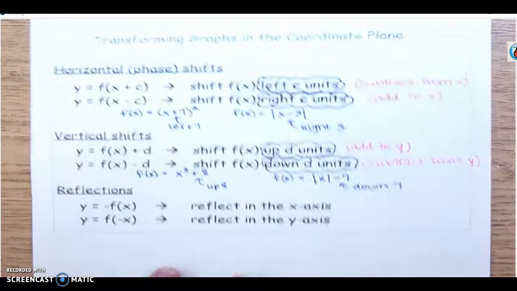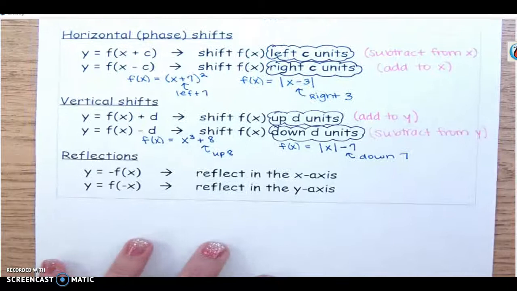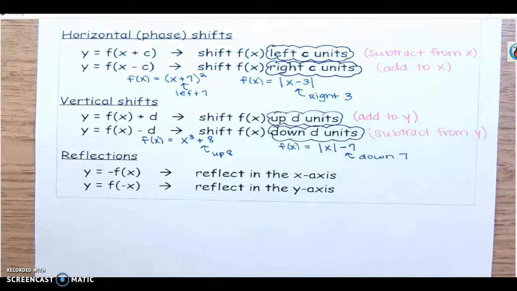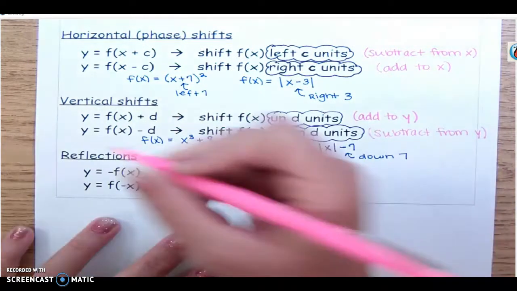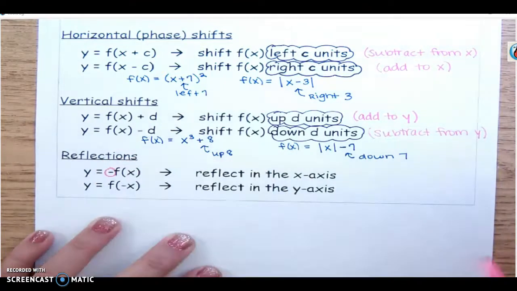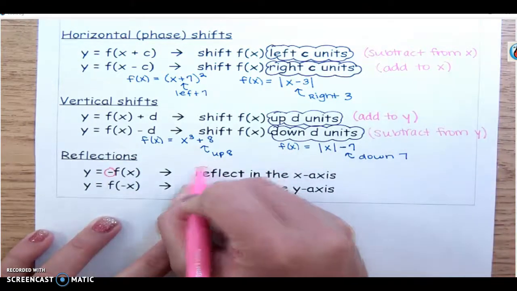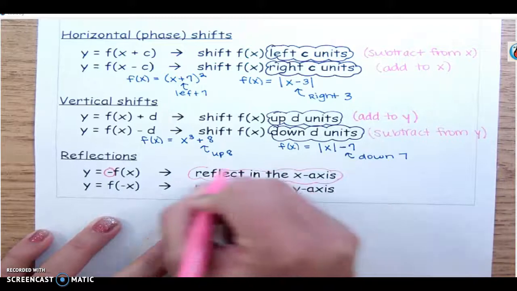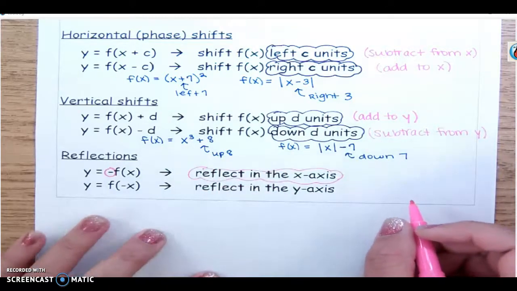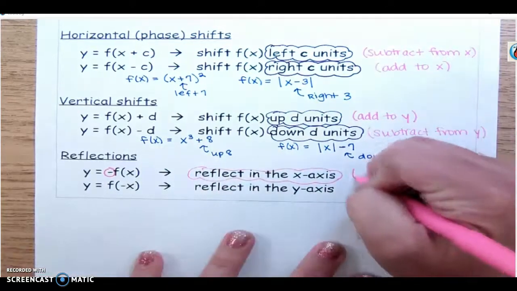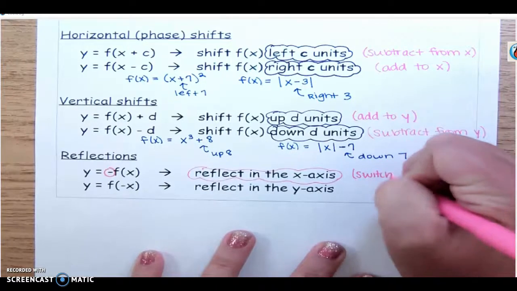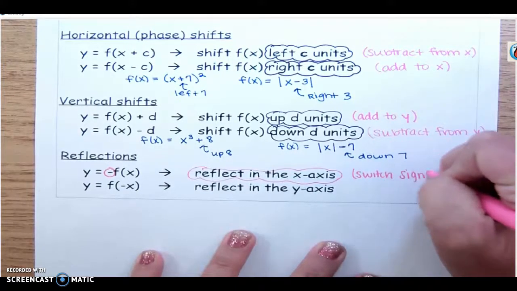Okay, so then we have reflections. So for the reflection, if the negative is out front of the f of x, then it's going to reflect over the x-axis. Okay, graphically, you're going to switch the signs in y.